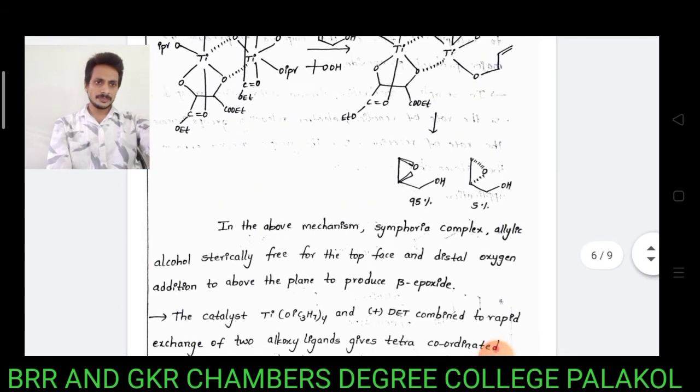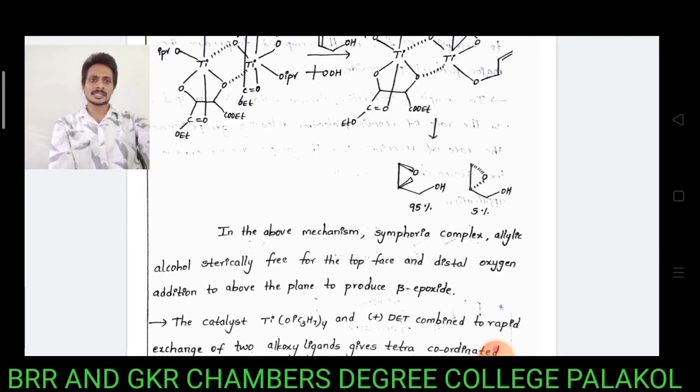First, titanium tetraisopropoxide coordinated with (+) or (−) catalyst produces the corresponding tetracoordinate complexes. Again, the tetracoordinate complex exists as a dimer. Under these conditions we observe the hexacoordinate complex of titanium.